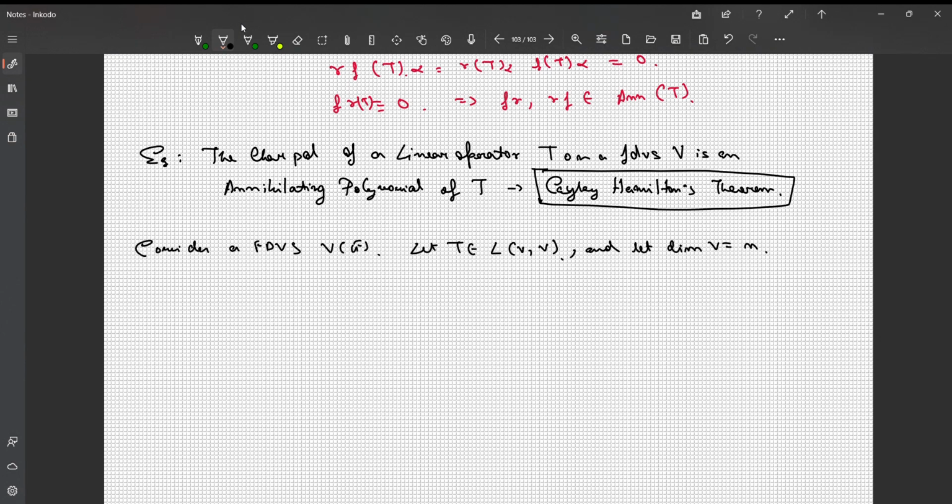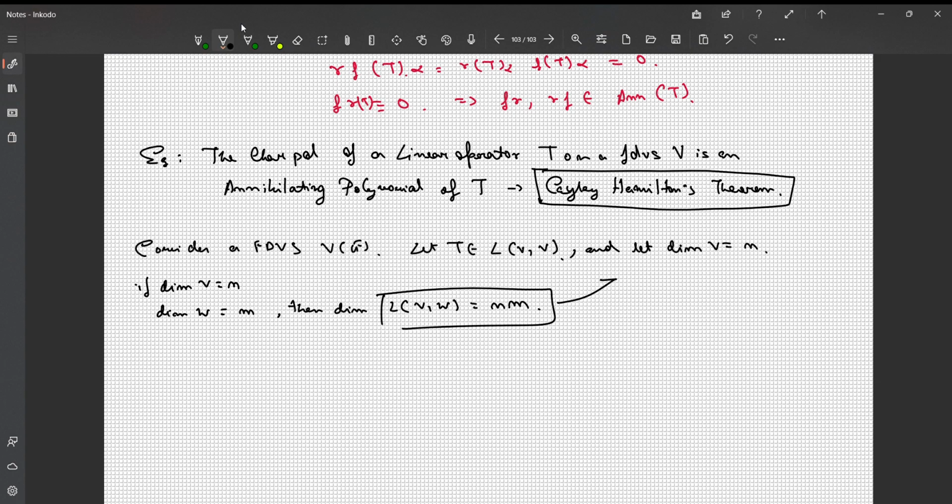Now we know, or rather I should assume for this moment, that if the dimension of V is n and the dimension of some other vector space W is m, then the dimension of the collection of all linear transformations from V to W is n times m. So if I use this concept here, then I can say that the dimension of L(V,V), the collection of all linear operators on V, is nothing but n into n, right? So it's n squared.